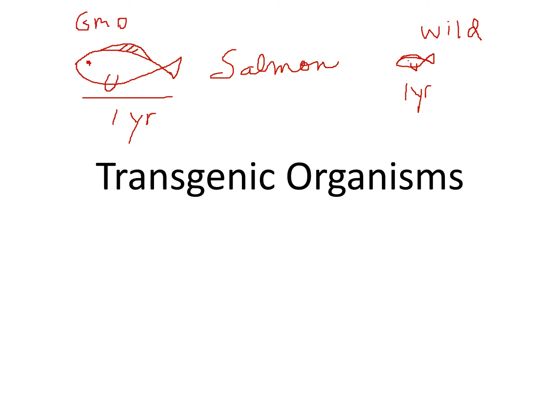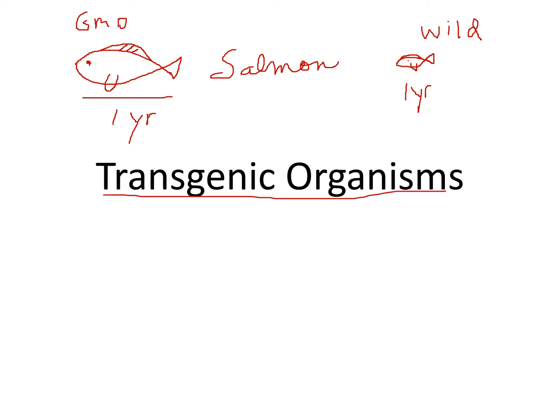However, when they put them both in streams to test this, the wild salmon outdid the GMO salmon. I guess they're just tougher and know how to live in that type of environment. So we'll have to wait and see if this is a bad idea or not. But they have a genetically modified salmon, and they've been modified with genes to make them grow very rapidly.